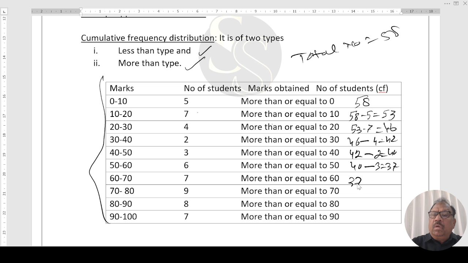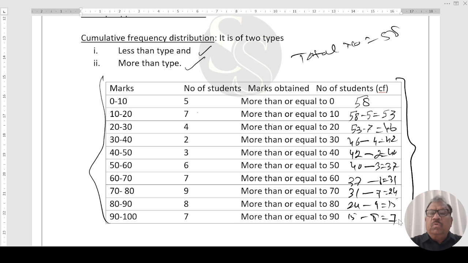Then 37 minus 6, that is 31. 31 minus 7, that is 24. 24 minus 9, that comes out to be 15. 15 minus 8, that comes out to be 7. This is the cumulative frequency for more than or equal to, right?